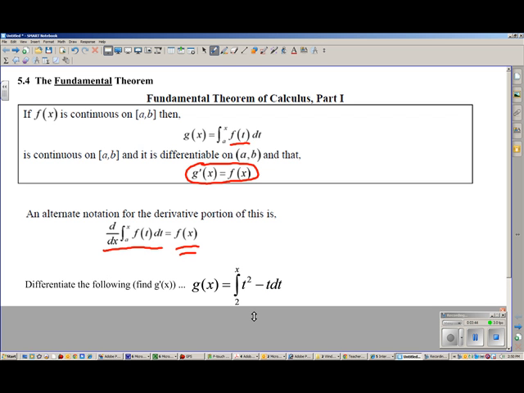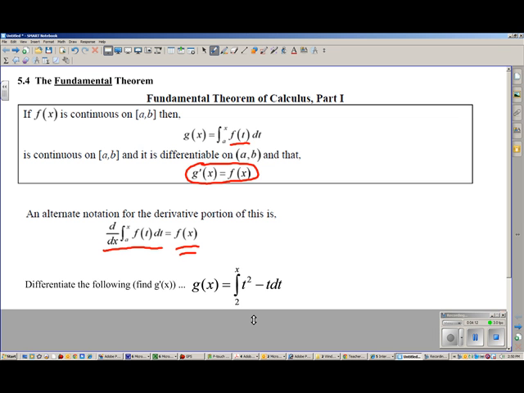So let's say we're asked to differentiate the following function, and the function is called g, just like in the notation used in the book. Notice that it's of this form, that is, the lower limit is some number, doesn't really matter what number, the upper limit is set to a variable, and the integrand is t squared minus t.